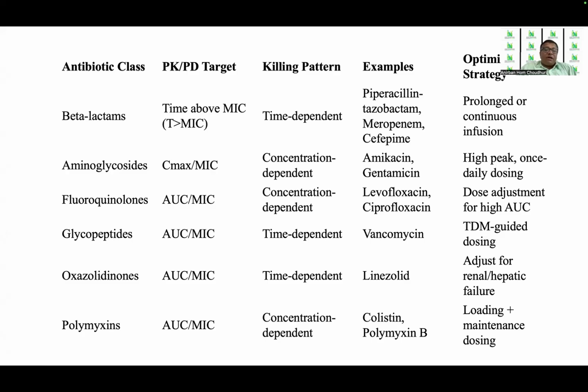Some are time dependent, like glycopeptides and oxazolidinones like linezolid. But still, the PKPD target remains the same. Therefore, some of them require dosage adjustment to achieve a high area under curve, and some require a loading dose in addition to the maintenance dose.